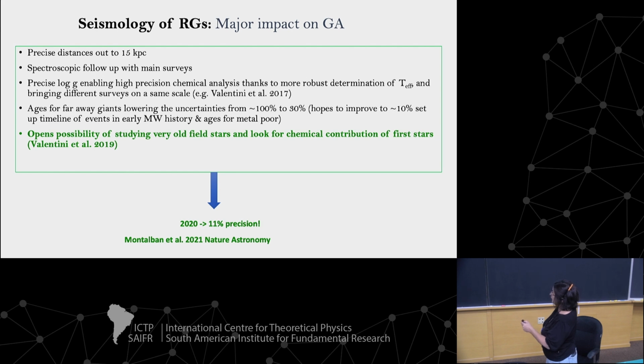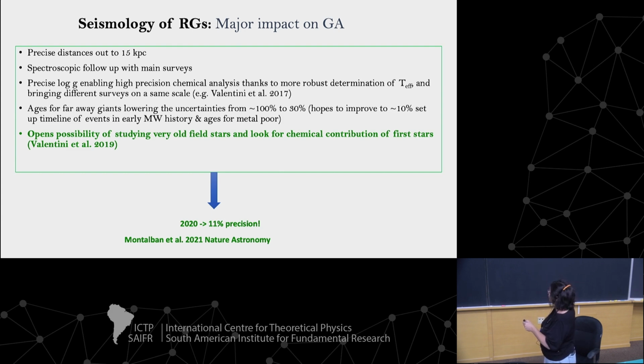You need to get the spectroscopic follow-up because you need the temperature to break degeneracies and to get the scaling relation parameters better. And you need the metallicity to get better ages. So you need the spectroscopy information.